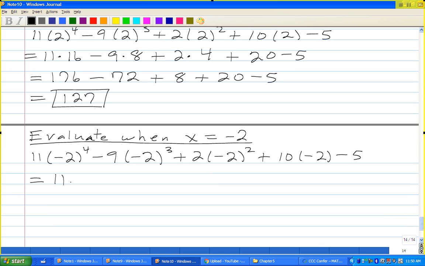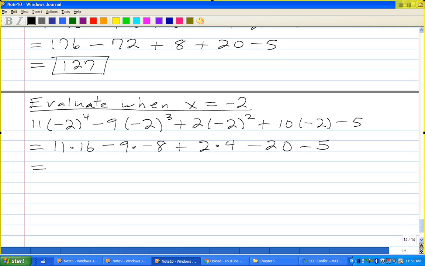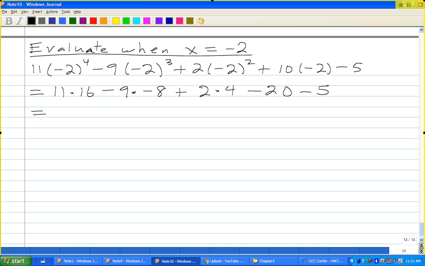Negative 2 to the 4th, 16. Negative 2 cubed, negative 8. Negative 2 squared, 4. 10 times negative 2, negative 20, minus 5. 11 times 16, 176. Negative times negative is positive, 9 times 8, 72. 2 times 4, 8. Minus 20, minus 5.